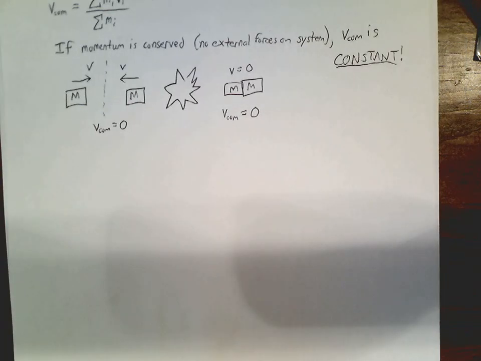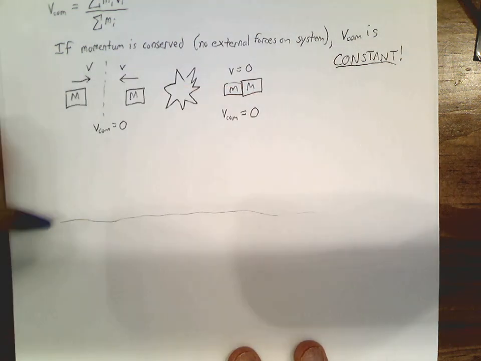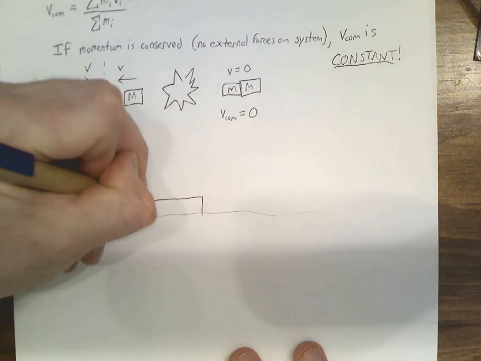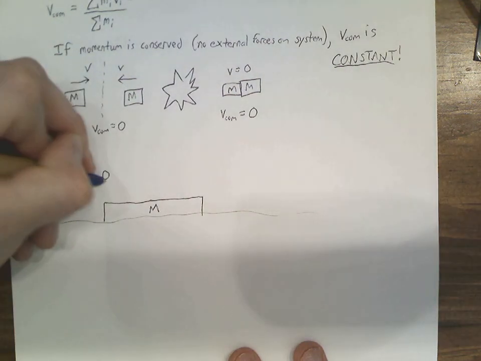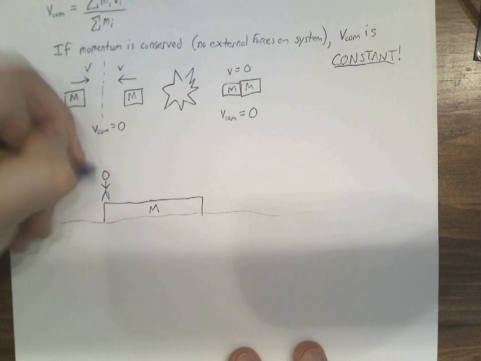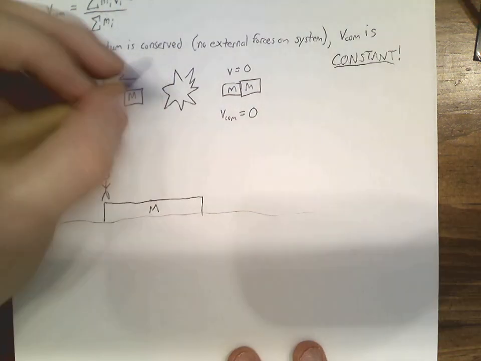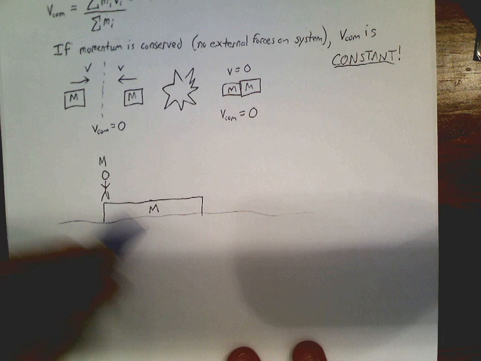Another way we can apply this is we can imagine you're in the summer, rafting on a lake, and so we have a raft of mass m, and you are standing on one edge of the raft, and you also have mass m. So the center of mass of this system should be located somewhere in between.